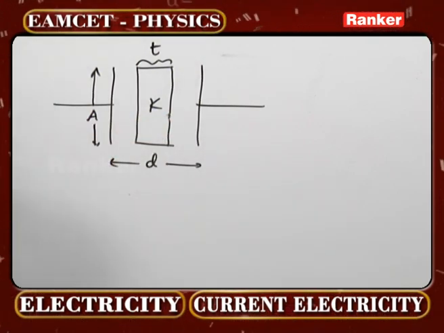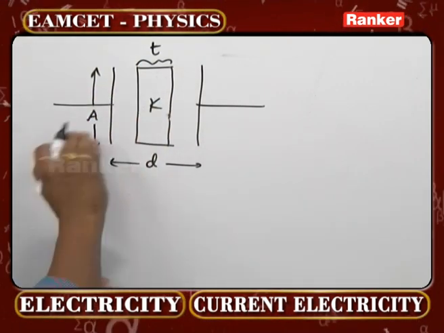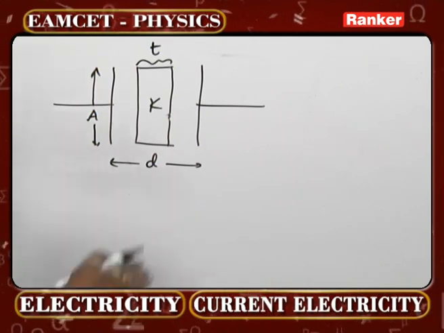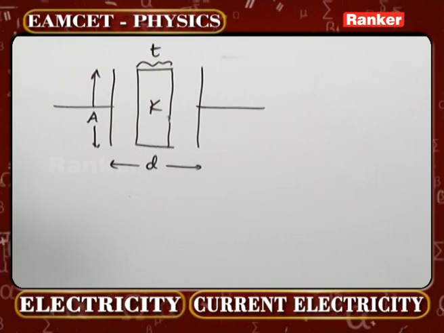If both the plates have the same area, absolutely no problem. If one area is larger than the other, then the common area is to be taken. The smaller area itself is to be taken as the common area of both the plates.